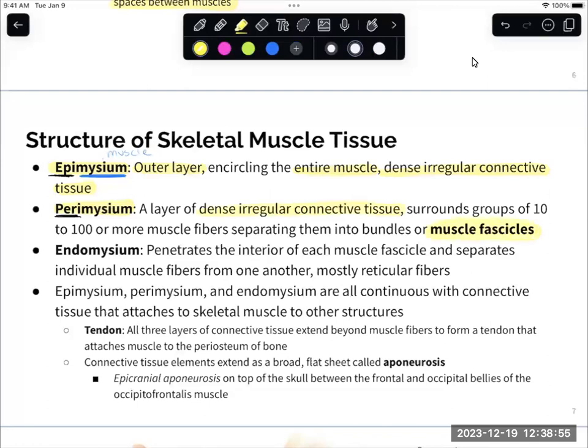I have a picture in a minute I'll show. And then endomysium. Endo is innermost. So it's that interior. So it's going to wrap around each individual muscle fiber.